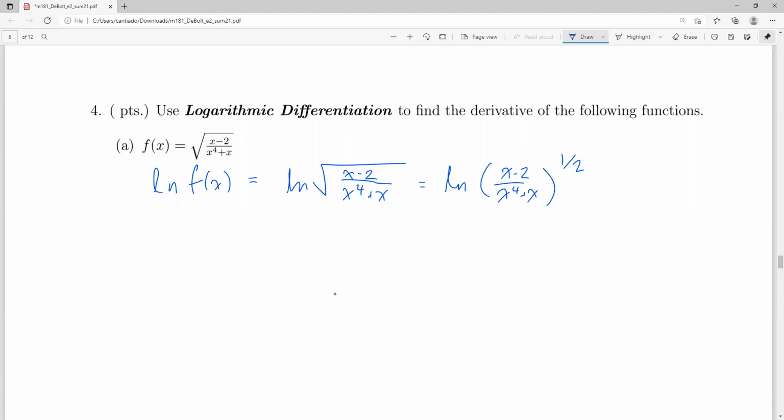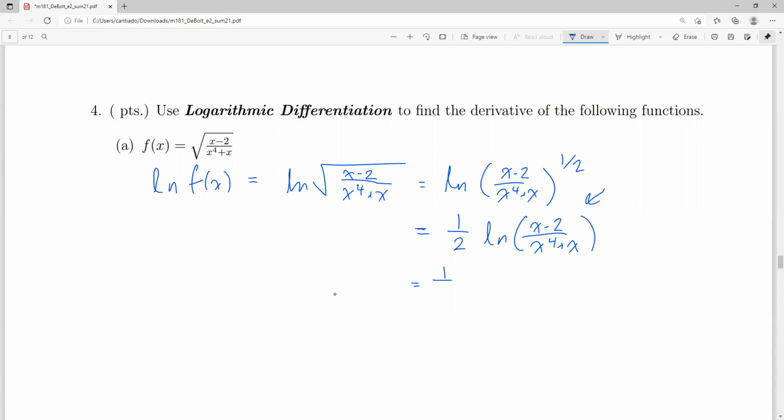Now, if you remember our log rules, if the inside of the log is to a power, you can bring the power to the front. So we have 1/2 natural log of (x minus 2) over (x to the 4th plus x). And even further, you can break up this fraction.